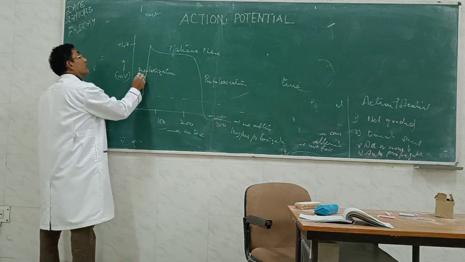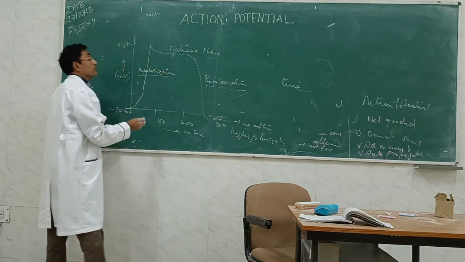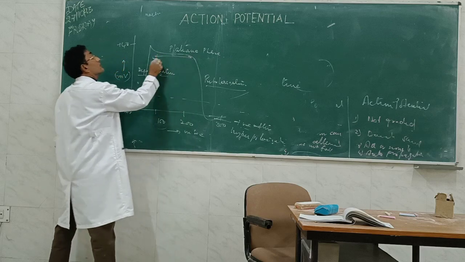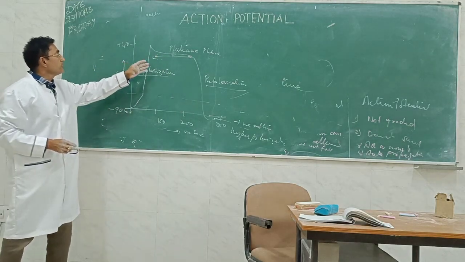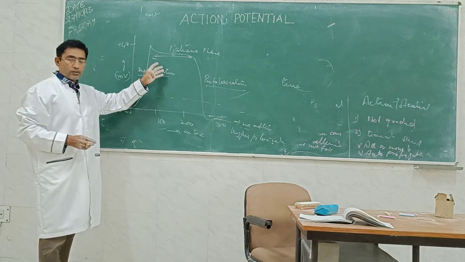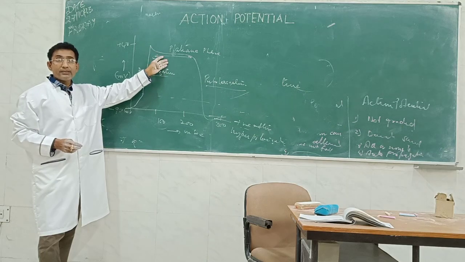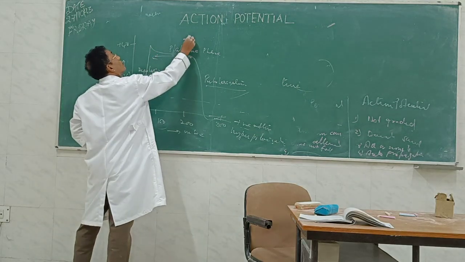Now the phases: here also we have depolarization, and we have positive after hyperpolarization. Along with that, we have another phase, that is the plateau phase. In this plateau phase, we can see the entry of not only sodium ion, but also entry of calcium ion, along with an exit of potassium ion.